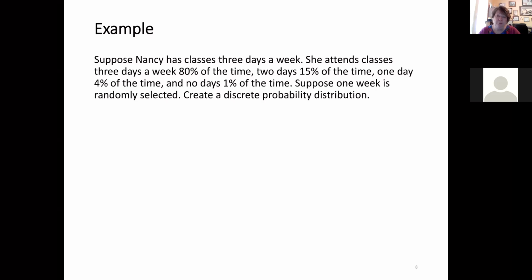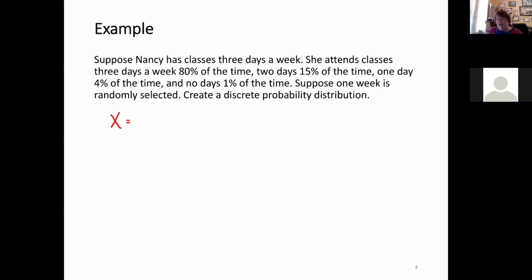Create a discrete probability distribution. So we need to, first of all, define what our random variable is going to be. And then we're going to create a table to describe this probability distribution. Okay, so we're going to let capital X be our random variable. And what are we interested in?